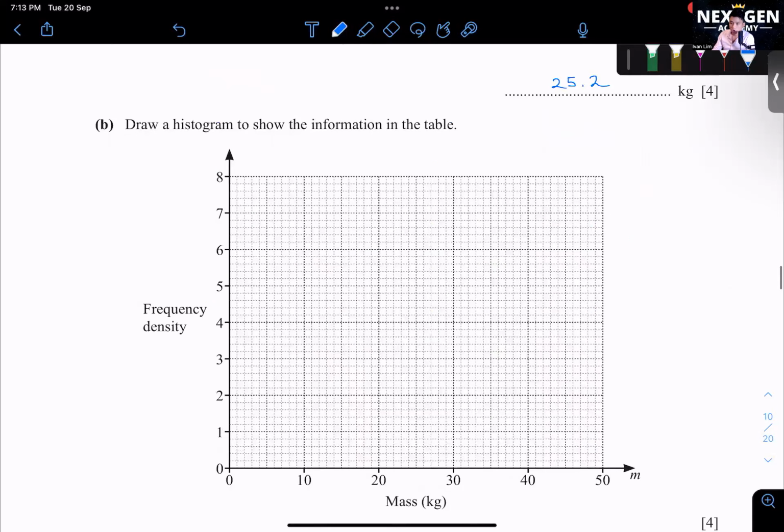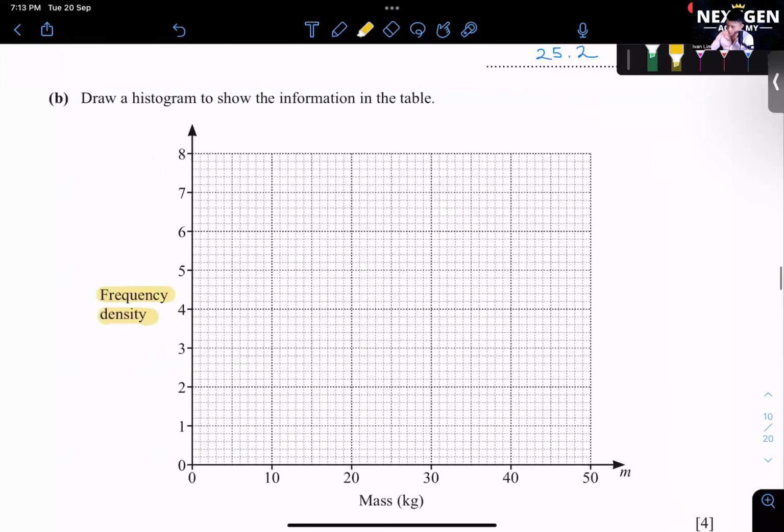Next one. Draw a histogram to show the information in the table. Histogram. You all see, your y-axis is frequency density. So you need to memorize the formula for frequency density.